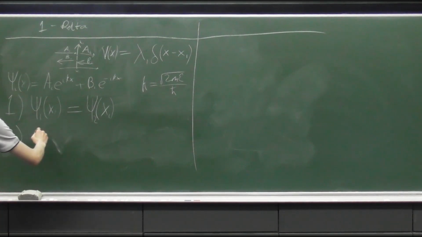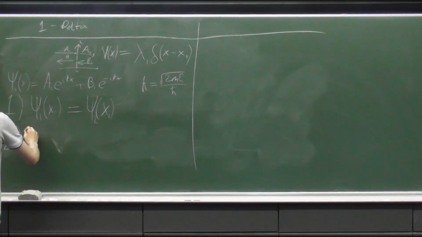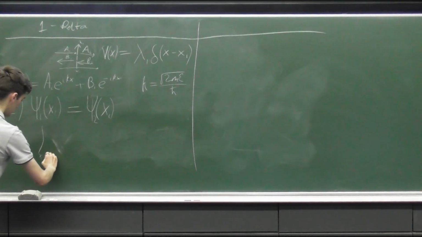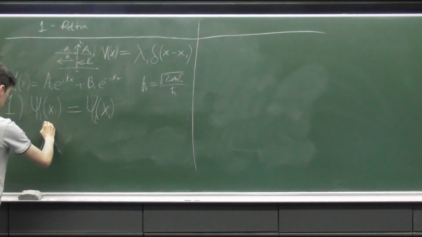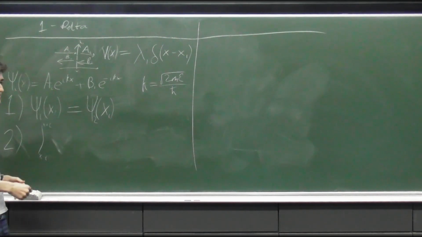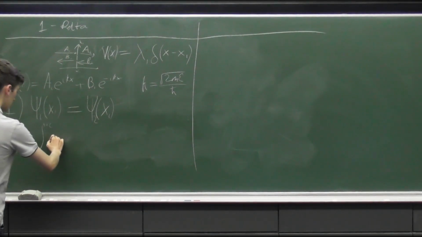So instead we're integrating only across the boundary. We imagine a small epsilon and then we integrate our time-independent Schrödinger equation.